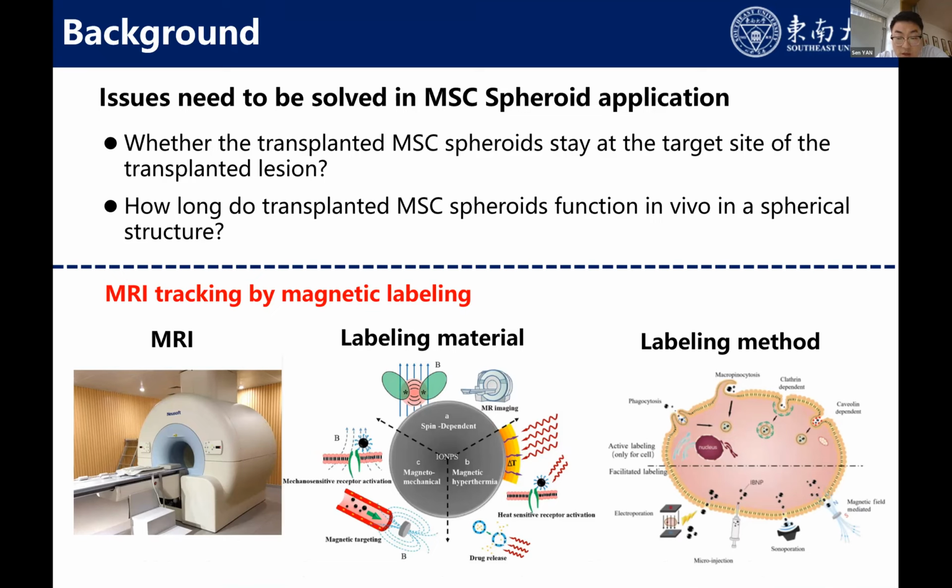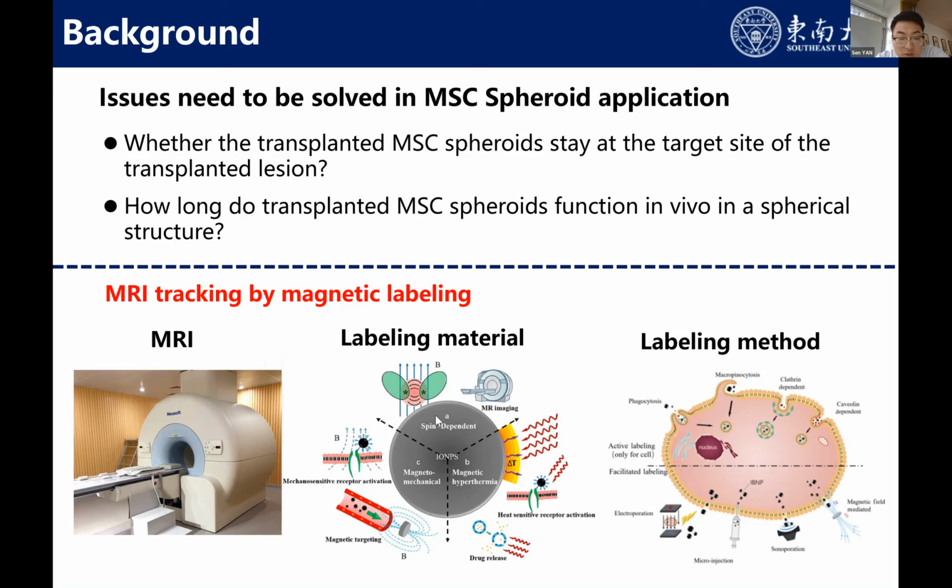MRI tracking needs 3 elements: MRI, cell labeling materials, and a suitable labeling method. Currently, the traditional approach is to use the uptake of iron oxide-based nanoparticles by cells to enhance the contrast of cells.